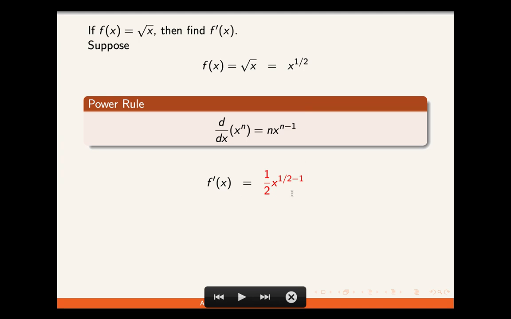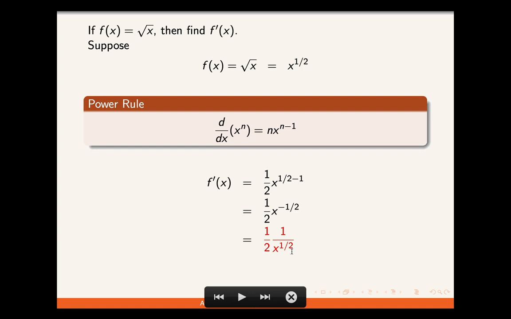And this is the derivative. If you want to rewrite it in an alternative form, we can simplify the power. So this will be 1/2 times x to the power 1/2 minus 1, which is negative 1/2. That's another alternative form of the derivative of the square root of x. Or if you want to change this negative exponent into a positive exponent, this can be written as 1/2 times 1 over x to the power 1/2.